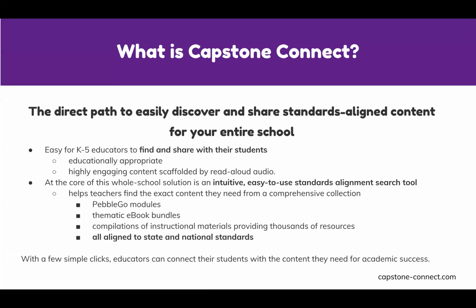And what it includes is Pebble Go, which is our K through 3 research platform with thousands of nonfiction articles. Pebble Go Spanish, which takes all those articles and has them translated with all the same supports as the English version into Spanish.